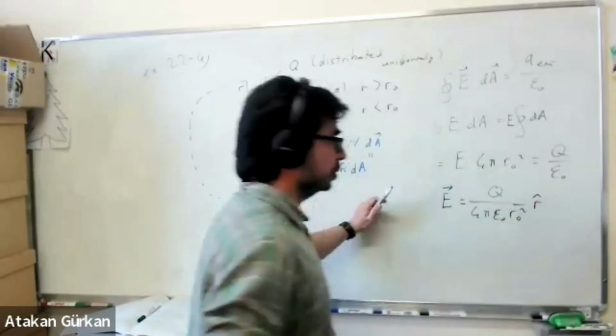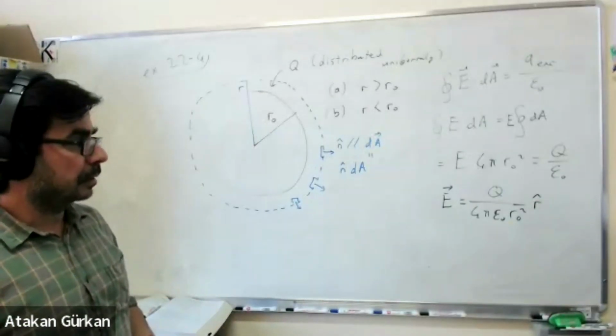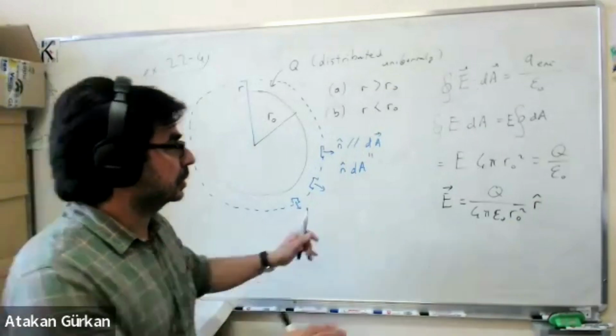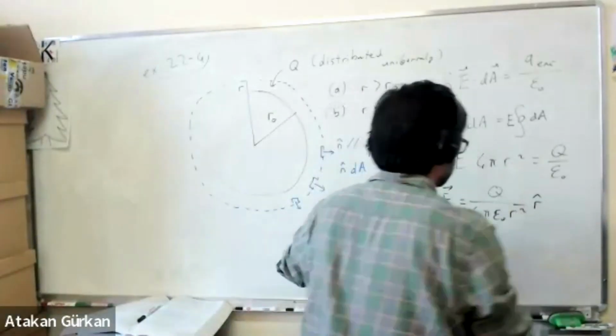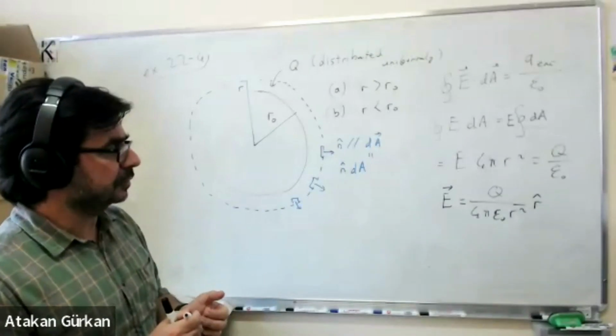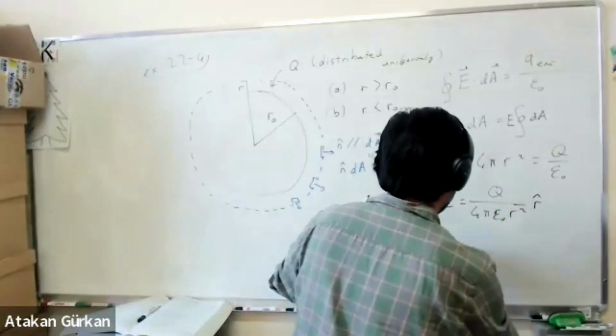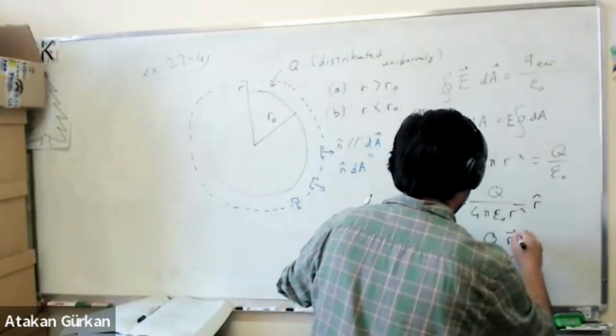So this R hat is the unit vector in the radial direction, or wait, sorry, this is R squared. So that R hat is the unit vector in the radial direction. So you can write it this way, or equivalently, you can write it this way. You're going to see both of these probably.